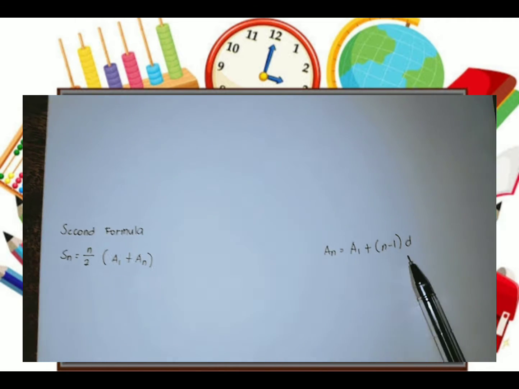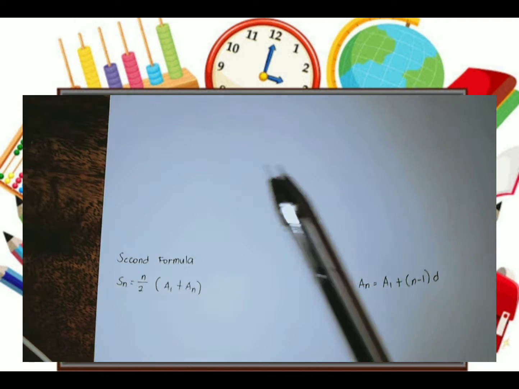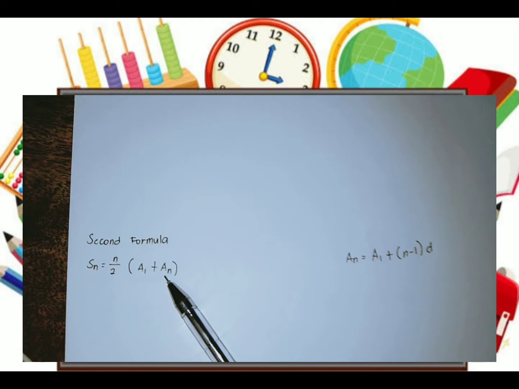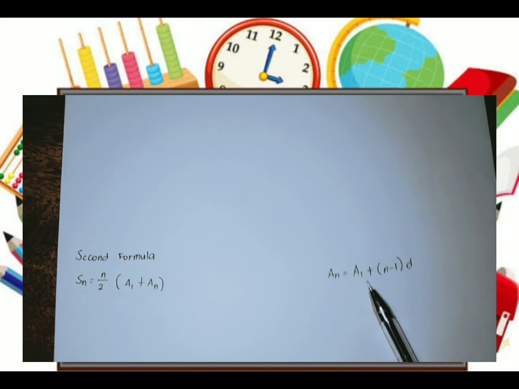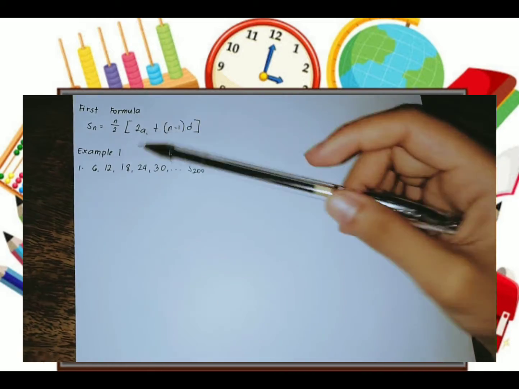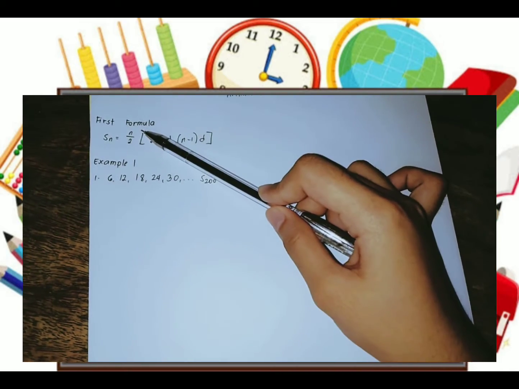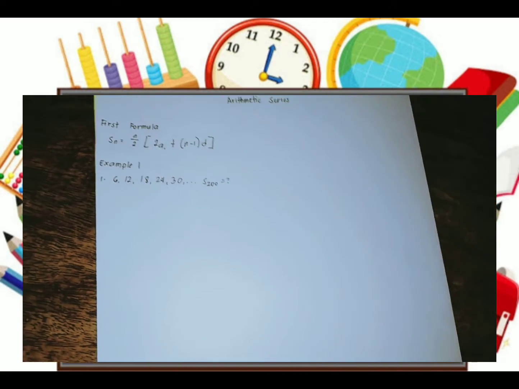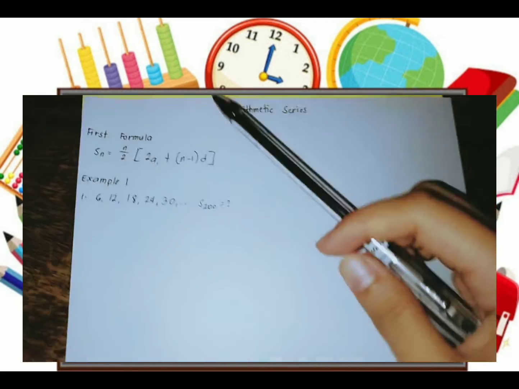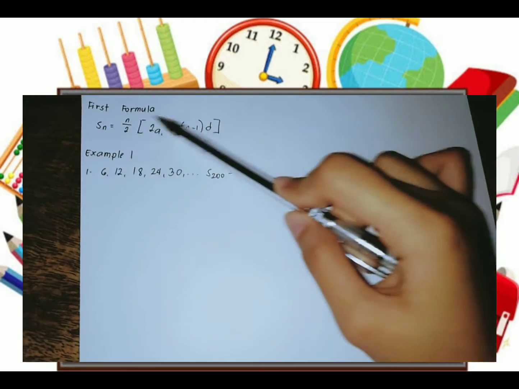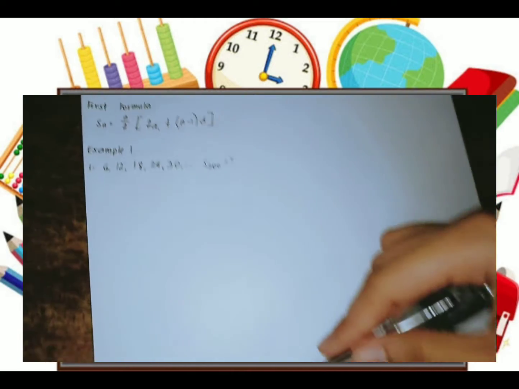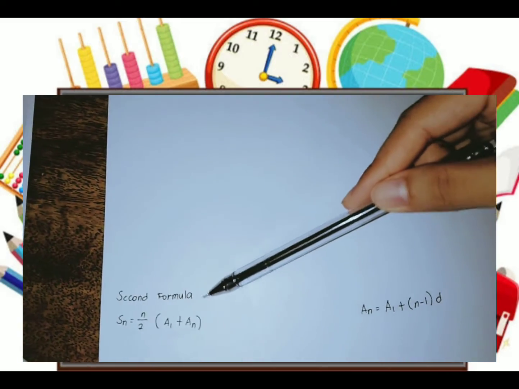We will use the second formula only if a sub n is given, and the first formula if a sub n is not given. We will solve example number 1 using the first formula, and later we will solve it using the second formula.